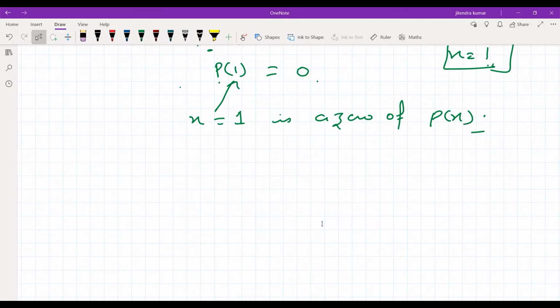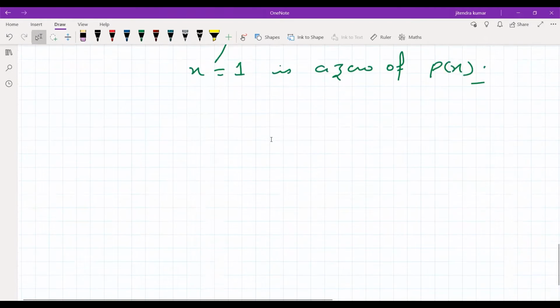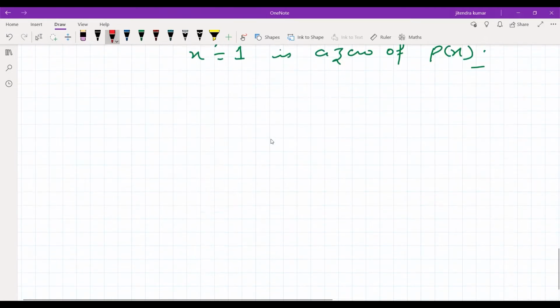Now we will note some important points related to zeros and values of polynomial.